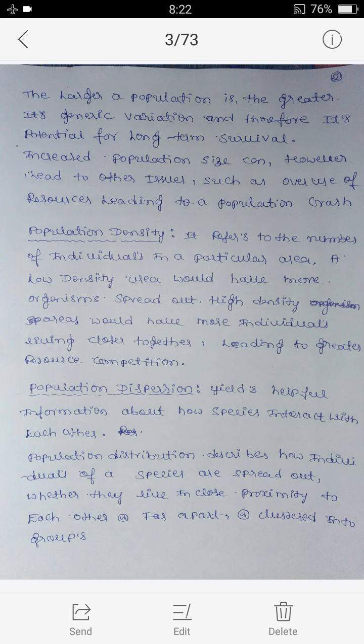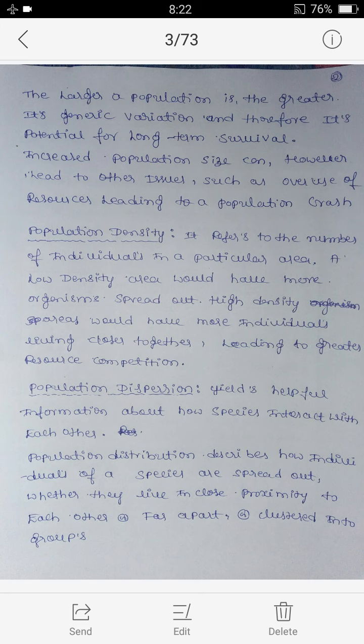High density areas would have more individuals living closer together, leading to greater resource competition.